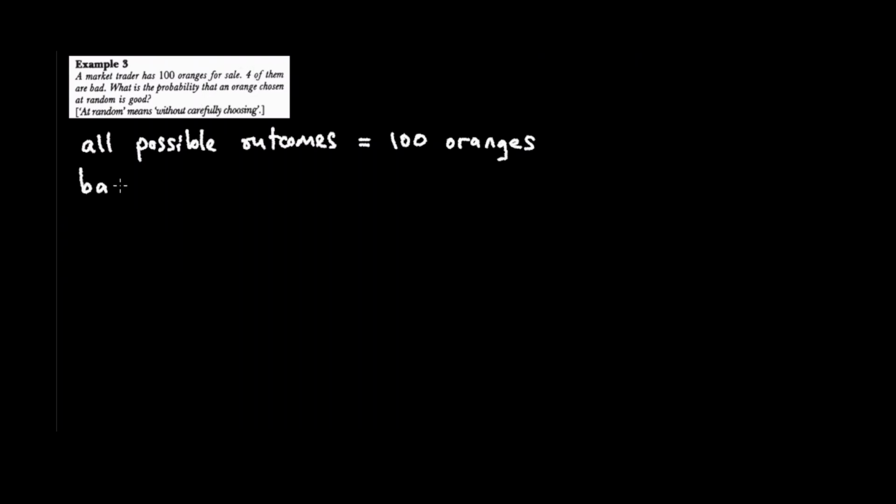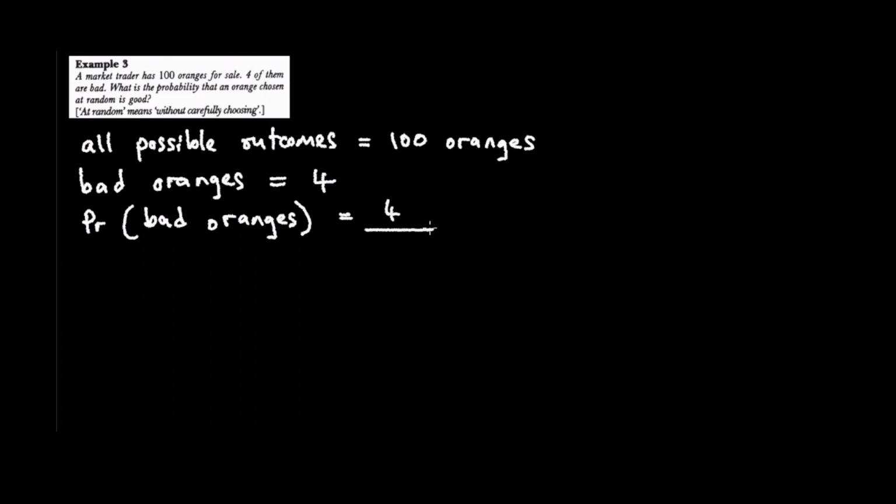So bad oranges are equal to 4. Since I know the probability, I look for the probability of bad oranges. The probability of bad oranges is equal to the required outcome. Bad oranges are 4, but all the oranges in the sack are 100.